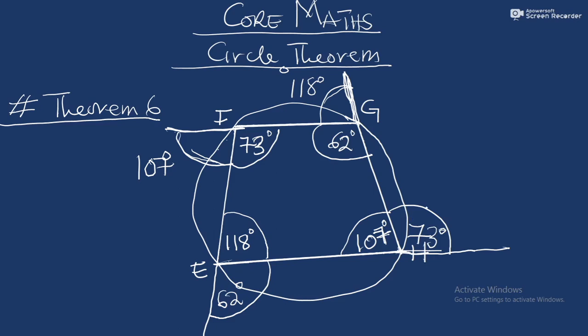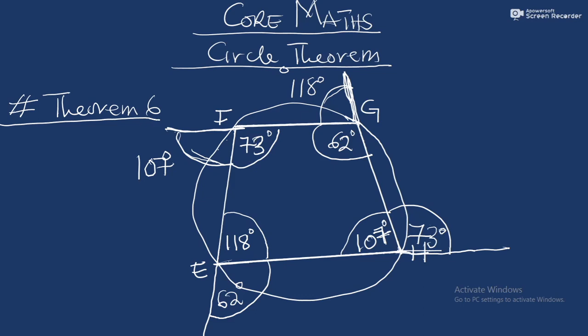So this angle here, 73, is the angle between the extension of a chord and a chord. And the value of this angle is equal to the interior opposite angle. So this side is the interior opposite angle to this exterior angle.